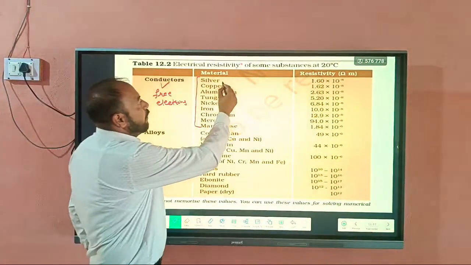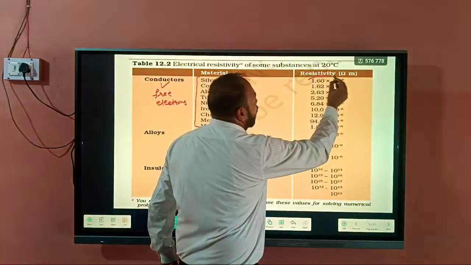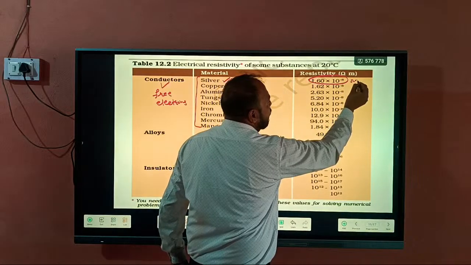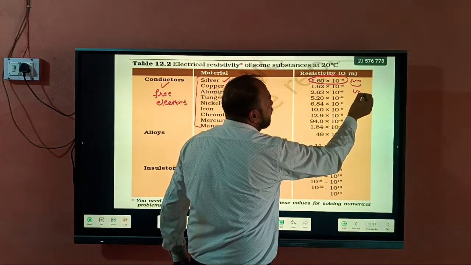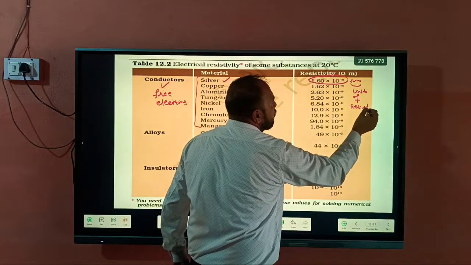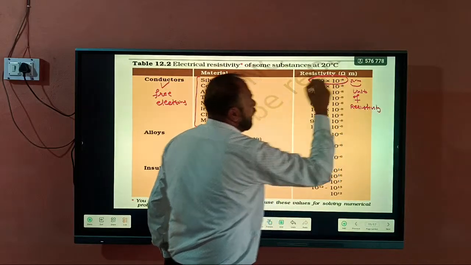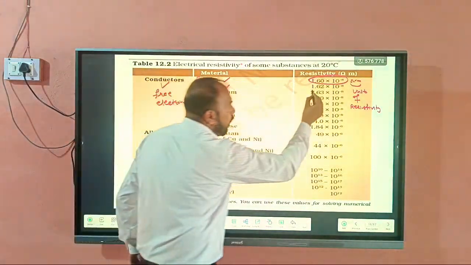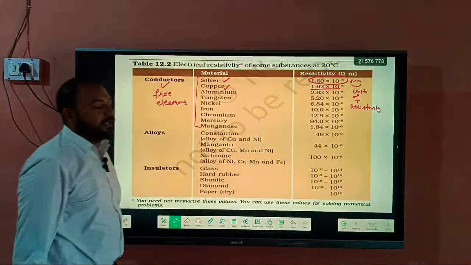So what is the resistivity of silver? The resistivity of silver is 1.6 × 10^-8 ohm meter. This is the unit of resistivity. And second, copper: copper resistivity is 1.62 × 10^-8 ohm meter.